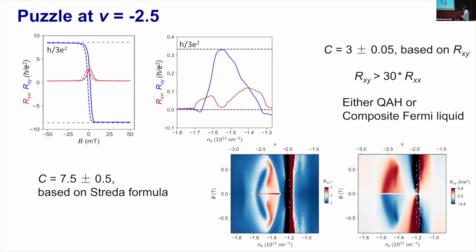However, we got some puzzles by looking at the Landau fan map. You see, this is that state at filling factor around 2.5. But when you apply magnetic field, it disperses with a slope that is much bigger than 3. In principle, these two things should agree with each other if the state is a gapped state.